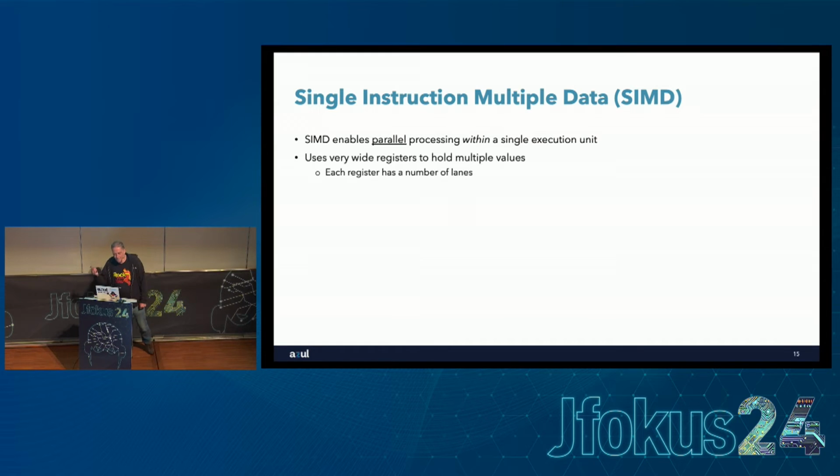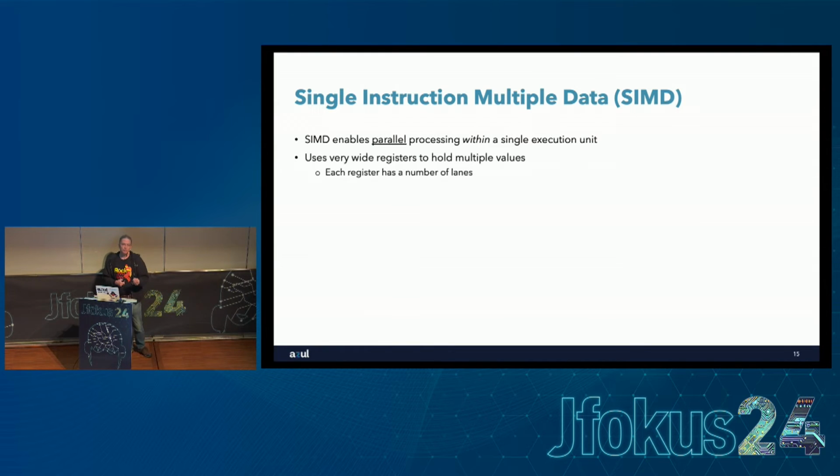Single instruction, multiple data. This is where we get into the idea of truly parallel processing. Parallel is where we're doing a certain set of operations at the same time. So now what we have is the idea of our processor has a very wide register, or registers in it. Typically, if you're dealing with a 64-bit processor, you will have a number of 64-bit registers.